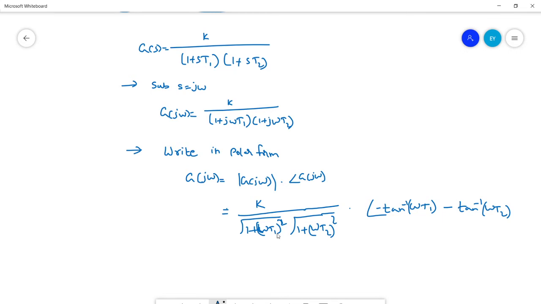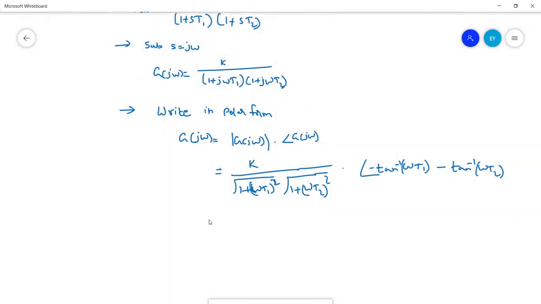So consider the magnitude alone now. This is nothing but G(jω), and this is the magnitude, and this is the phase.